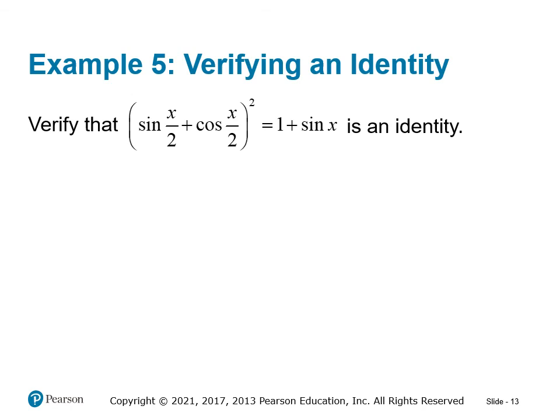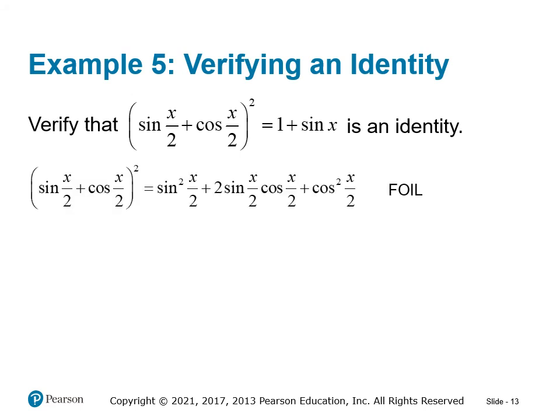All right, let's look at one more thing and then we'll be done for the day, and that is to verify that the sine of x over 2 plus the cosine of x over 2, squared, is equal to 1 plus sine x, that this is indeed an identity. Well, when we have problems like this, first of all, the left side is much more complicated, and we have this quantity squared.